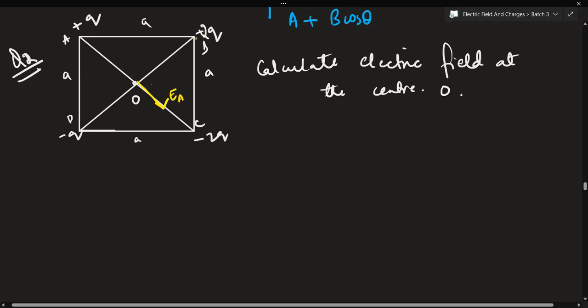Similarly, this is also a positive charge, so you will move away in this direction. This will be EB. For a negative charge, you move towards the charge. So moving towards the charge, this will be EC. And moving towards the charge, this will be ED. So see what you are getting.